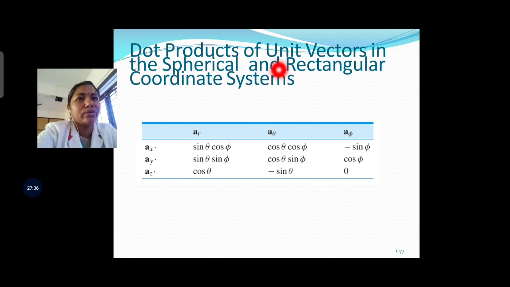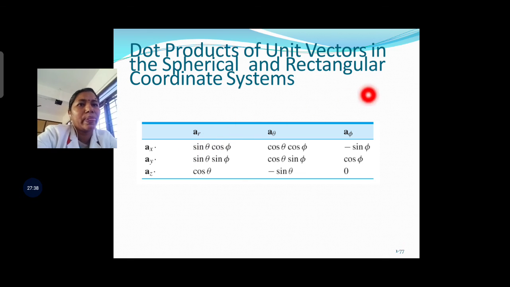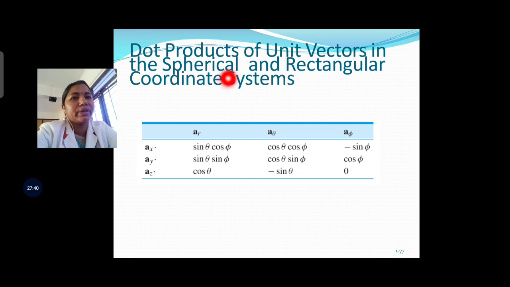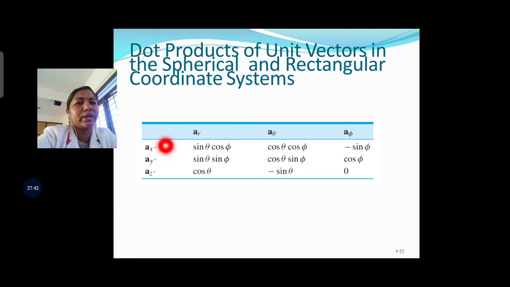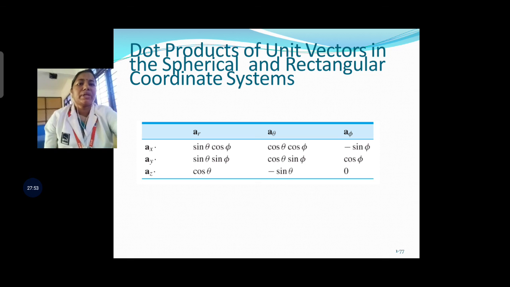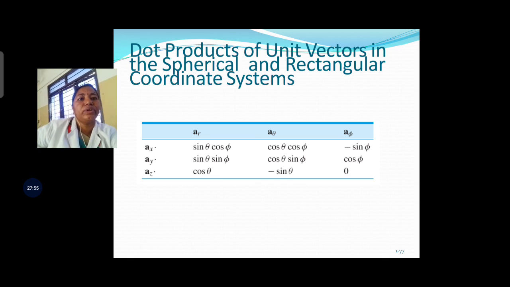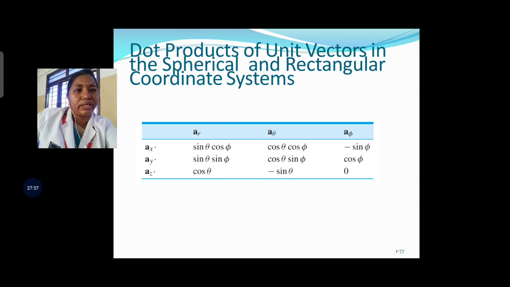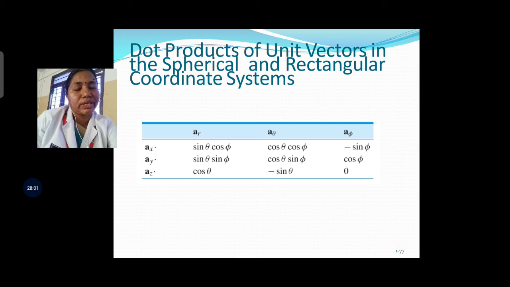So this is the table we have to refer to for the dot product for xr, x theta, x phi. This is for the rectangular or Cartesian coordinate system, and this is for the spherical coordinate system. In spherical we have ar, a theta and a phi, and in Cartesian we use ax, ay, az.